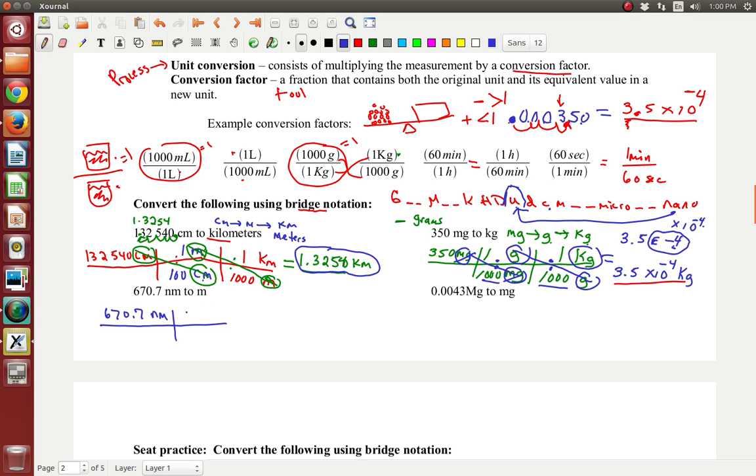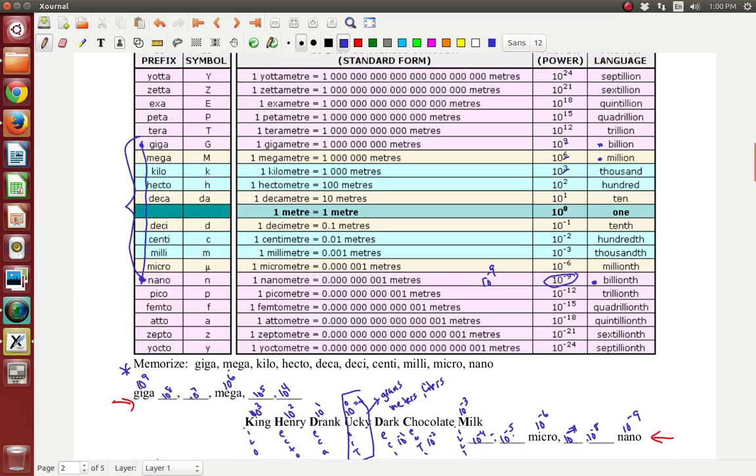So meter, I need 1 meter at the top, I need nanometers at the bottom, and I need to know how many nanometers are in 1 meter. Well, a nanometer is 1/billionth of a meter, so that means it takes a billion of them, or 10 to the 9 of them, to make a meter. Go back up. Look at this right here. Here's nano.